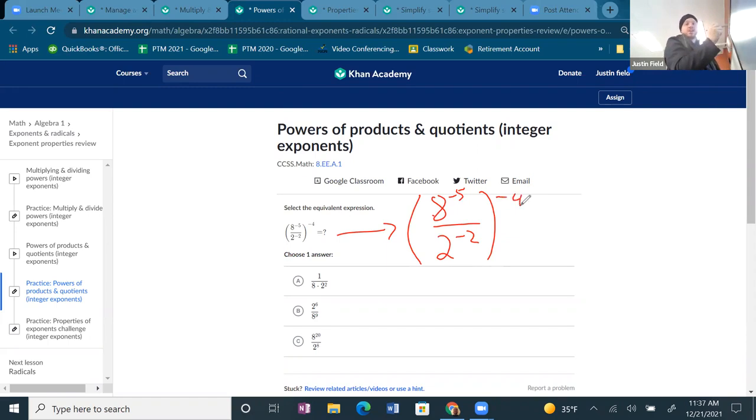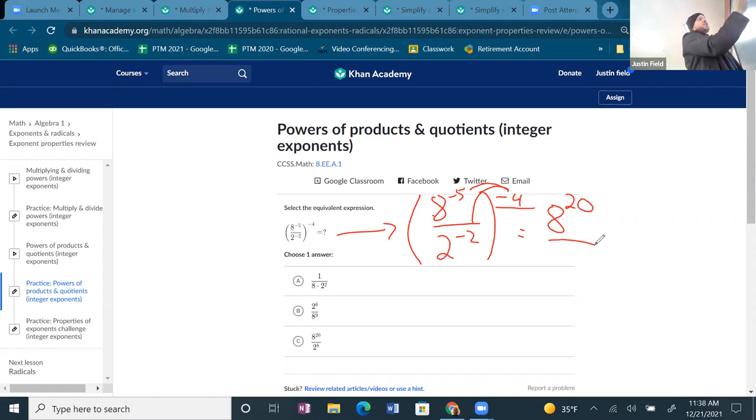But they're all being raised to the negative 4th power. And we can use the power rule to simplify the expression. So that's where we multiply, because an exponential term is being raised to a power. So we're going to multiply the exponent. So negative 4 times negative 5 is positive 20.